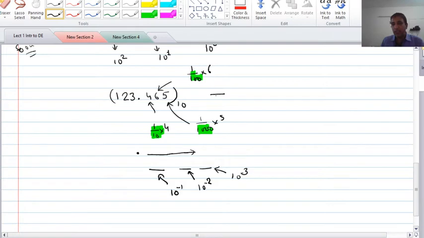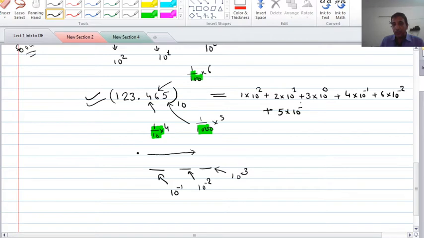So we can represent this number as 1 into 10 raised to power 2, plus 2 into 10 raised to power 1, plus 3 into 10 raised to power 0, plus 4 into 10 raised to power minus 1, plus 6 into 10 raised to power minus 2, plus 5 into 10 raised to power minus 3.